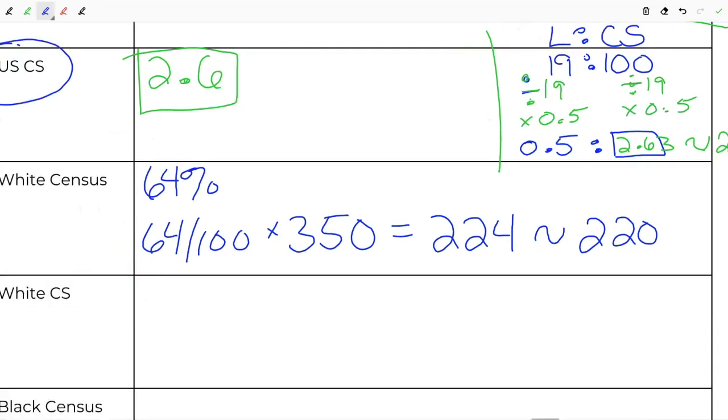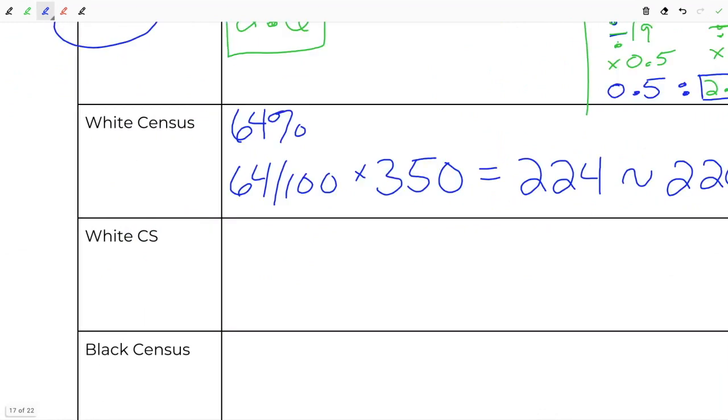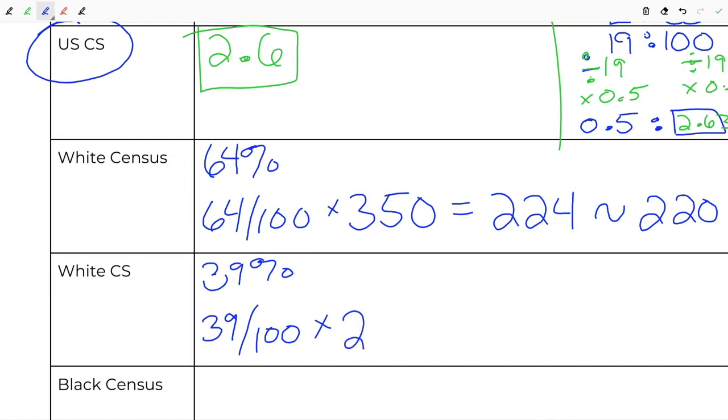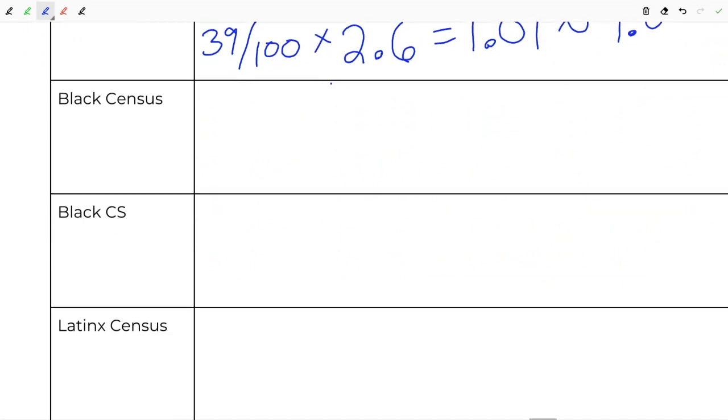Okay, so now I know that 39% of the people in the correctional system are white. So 39 out of 100 times the number of people in the correctional system on our lawn, which is 2.6, and I get 1.01, which becomes 1.0.